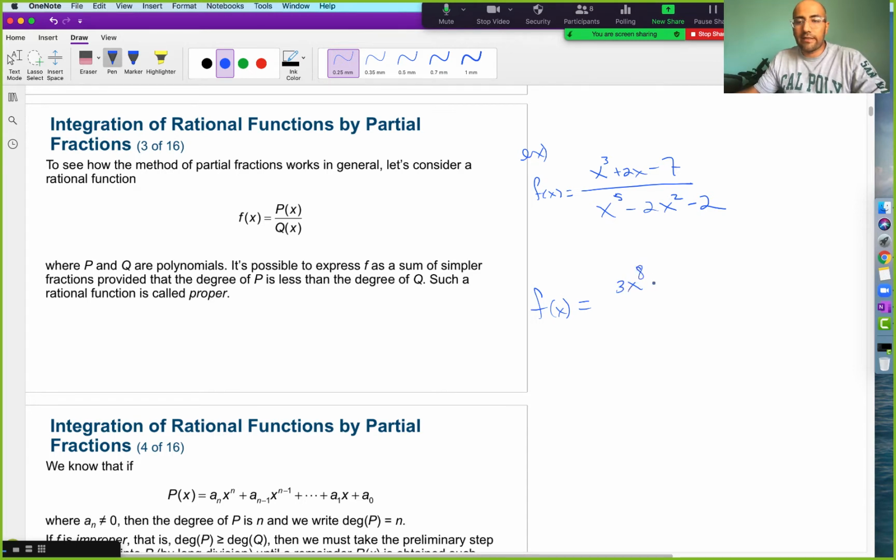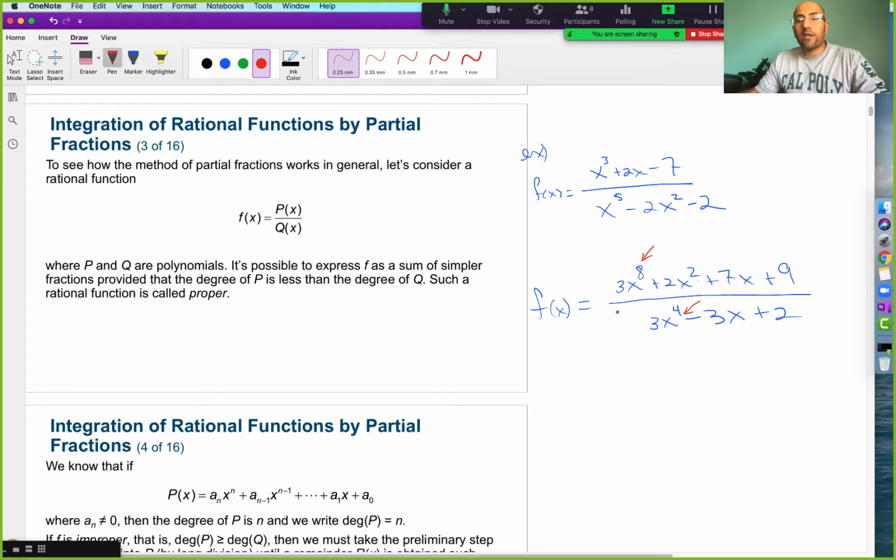Like, let's say we had this: 2x squared plus 7x plus 9 divided by 3x to the fourth power minus 3x plus 2. This is just another random example. Here, the point is that the degree of the numerator is larger than the degree of the polynomial in the denominator, so this is an improper rational function.